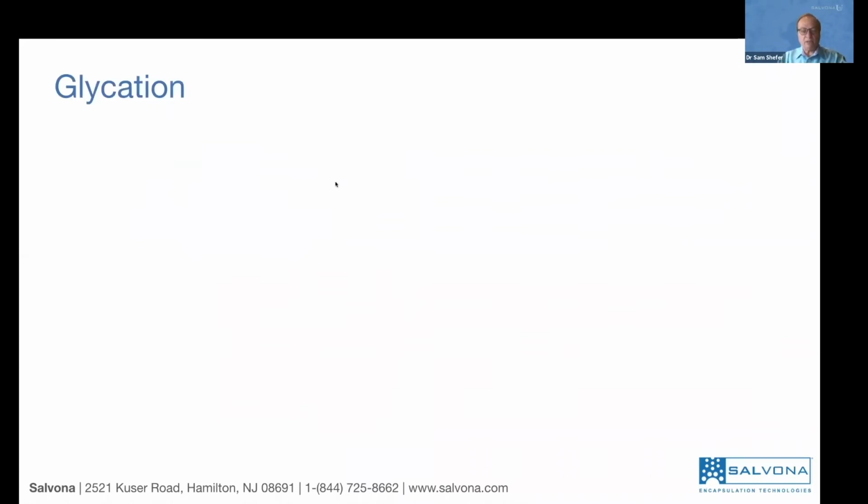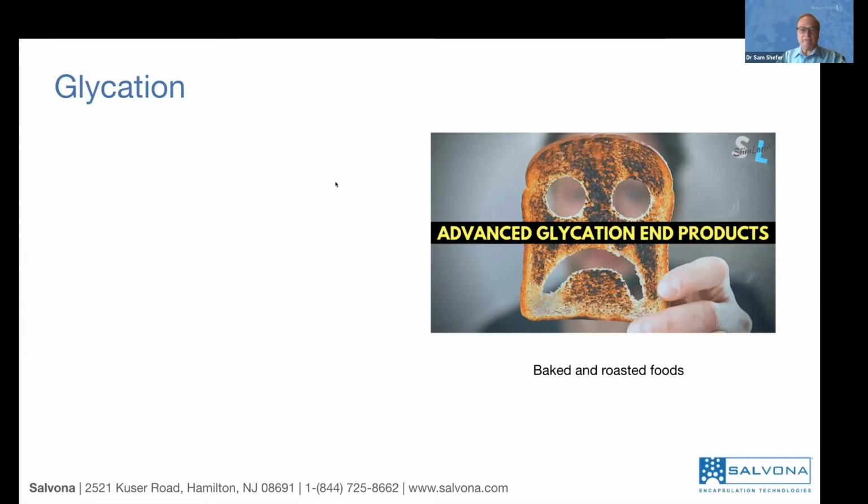Now I want to take you to a completely different subject, and then we go back and connect. Let's talk about a process in the body called glycation. Glycation is a very simple non-enzymatic process, and I give you two examples just to make it more visual and for you to better understand what glycation is.